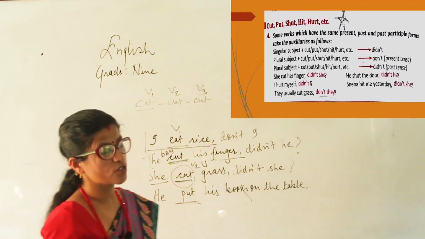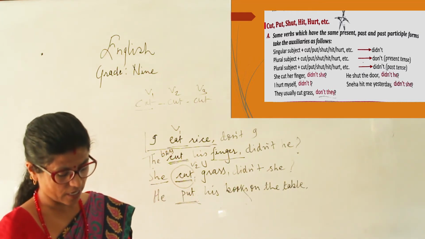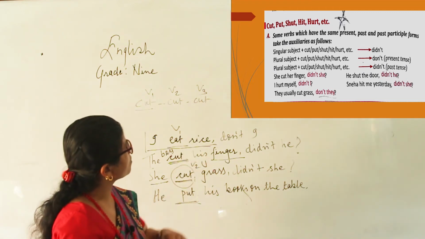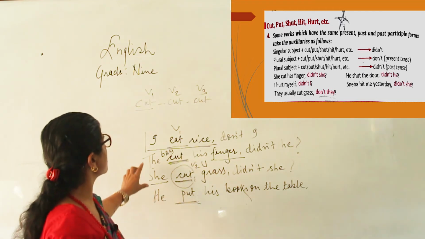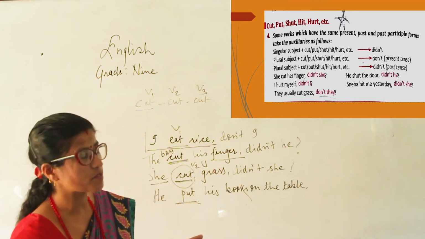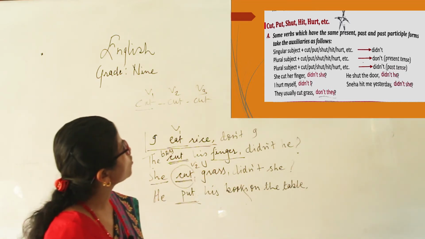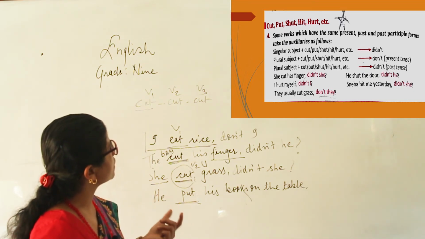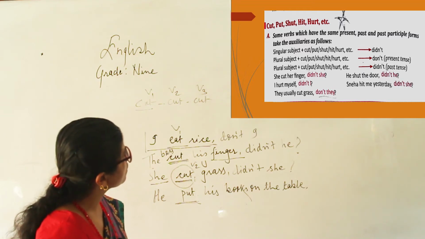Put, sought, heat. So in this case, we just have to remember: if they are used with a singular subject, we always use didn't. If they are used with a plural subject, we always use don't.